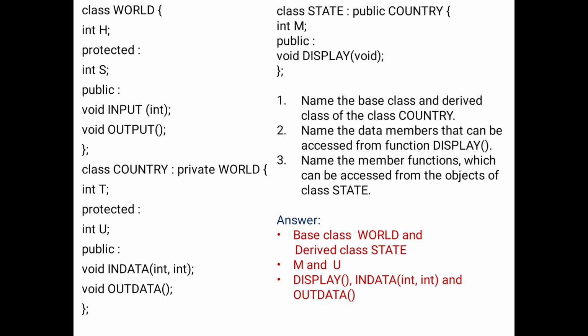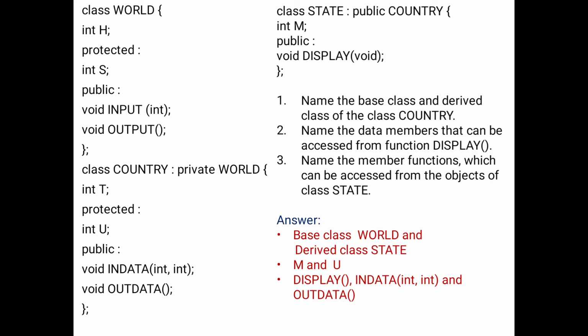If you declare an object in the main function of class state, and the object name is st, it will be st.display, st.inData, and st.outData. These are the three member functions that can be accessed by the object of the class state.